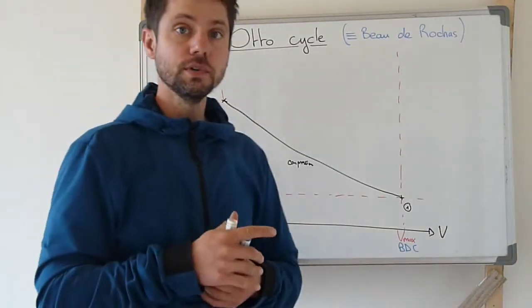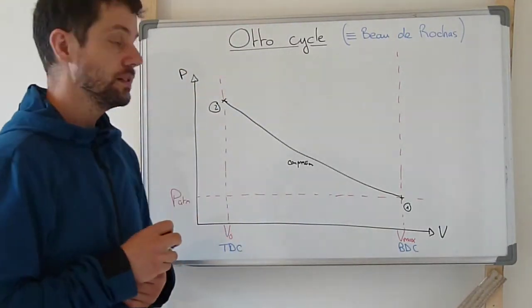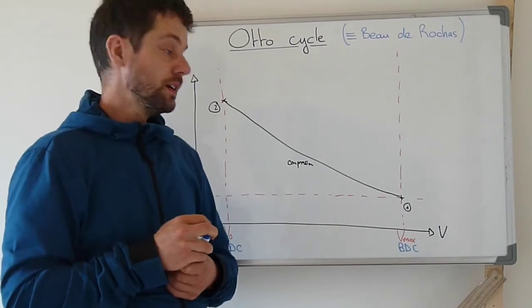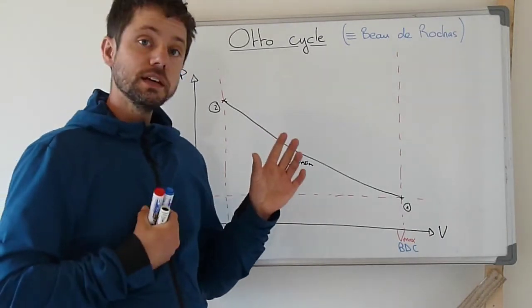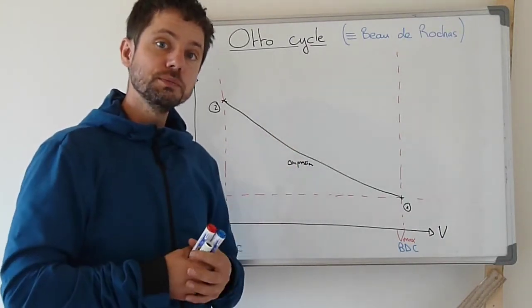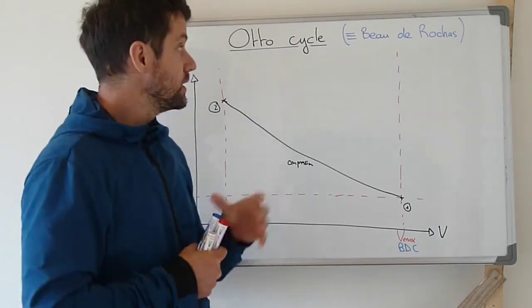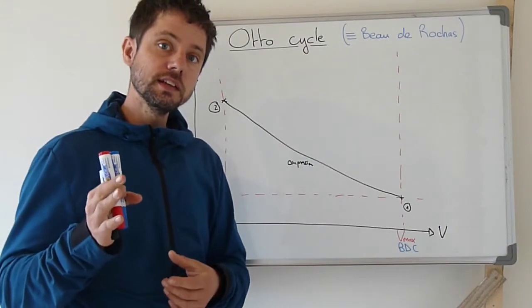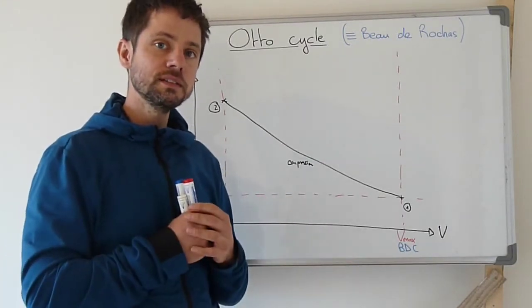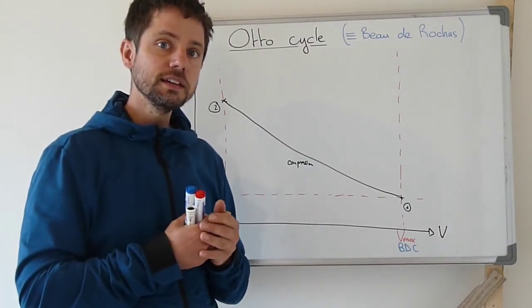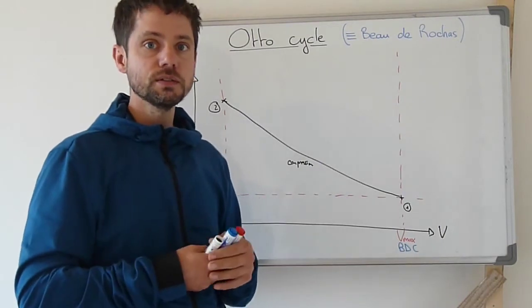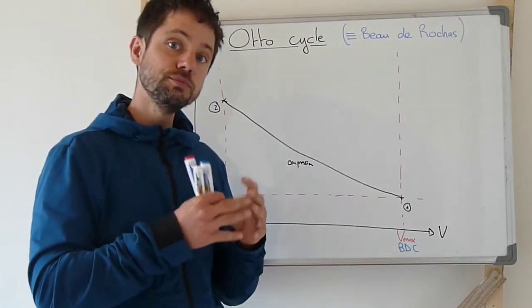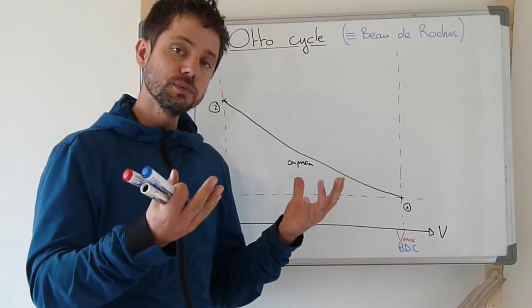Second stage or second transformation is the combustion. For the Otto cycle, we do one big approximation. This is used in order to describe the spark ignition engine, and it was described before that this combustion is very fast because the fluid is already premixed between the fuel and the combustive.